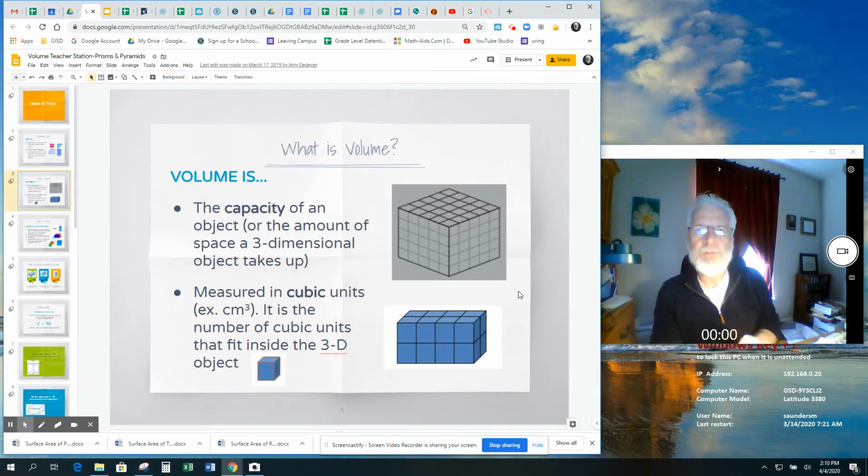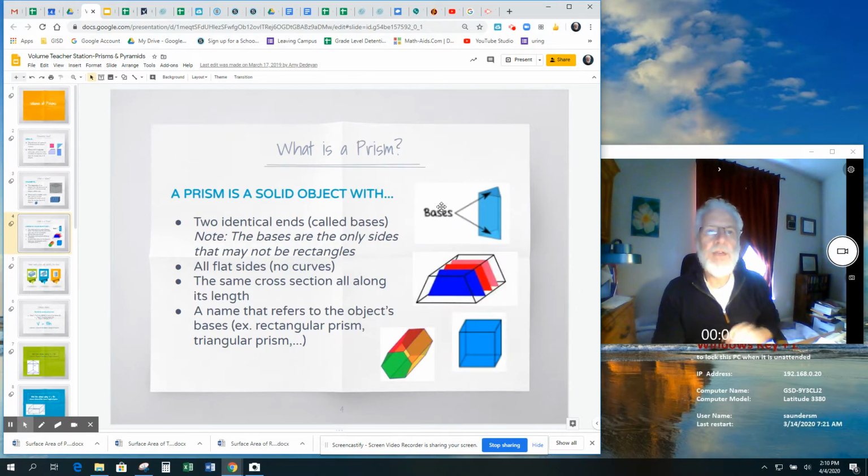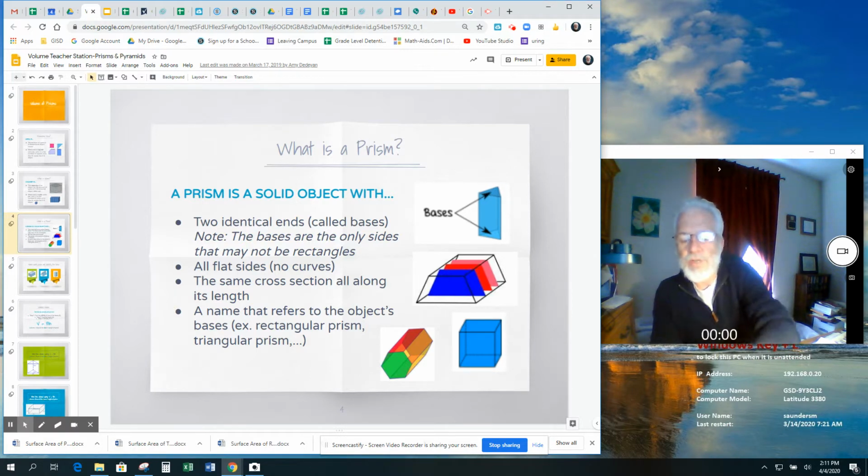Okay, so we're going to study three different kinds of prisms, or three different kinds of three-dimensional objects. So usually with a prism, always with a prism, the end tells you what kind of prism it is, or the base. So for example, here's a two-dimensional picture.